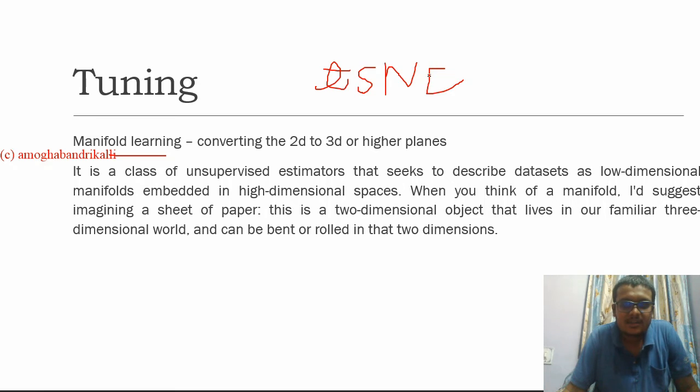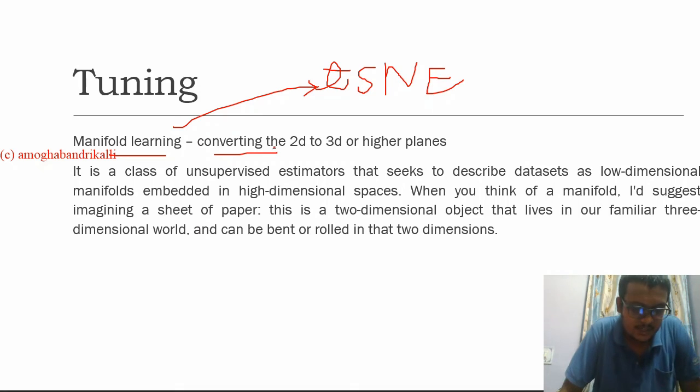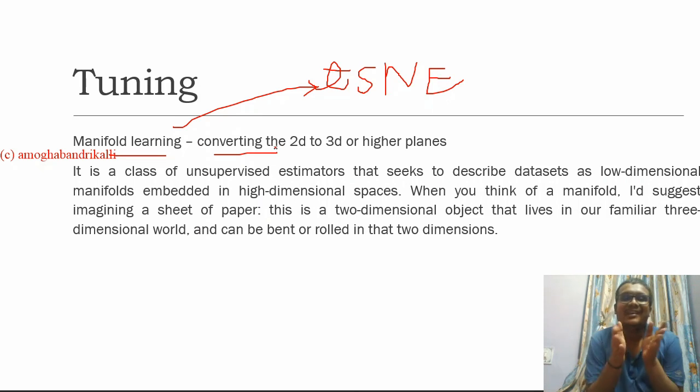the TSNE method. TSNE stands for T-distributed Stochastic Neighbor Embedding. This is a manifold method. What it is going to do is embed the respective values into a dataset, like converting your 2D into 3D or higher planes. Consider you have a single page like this.